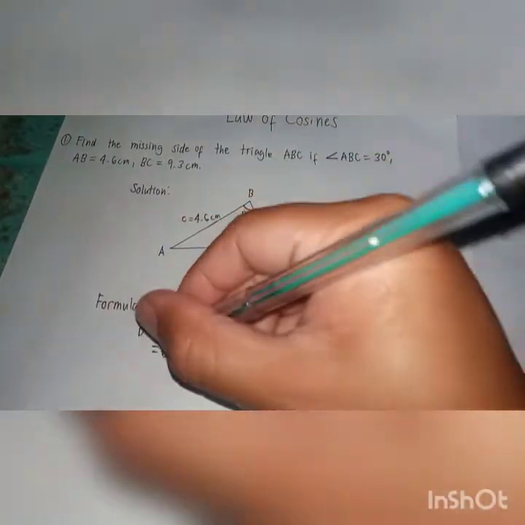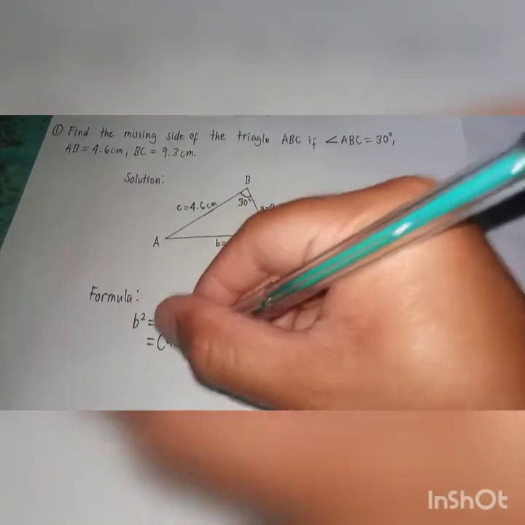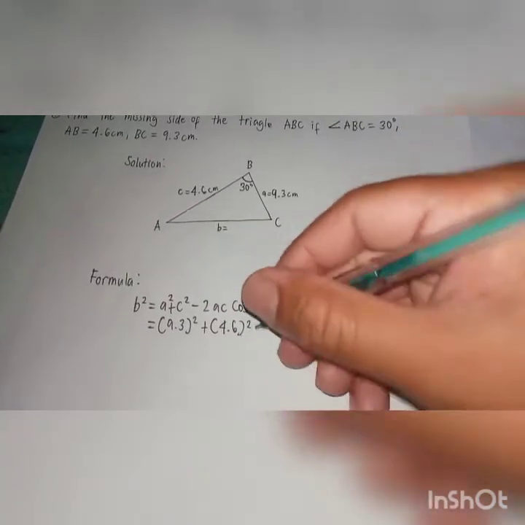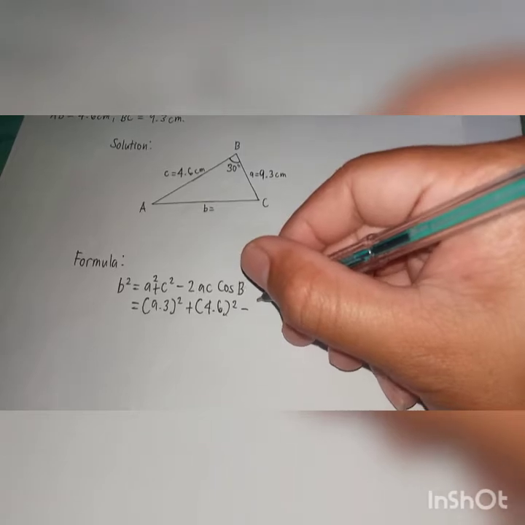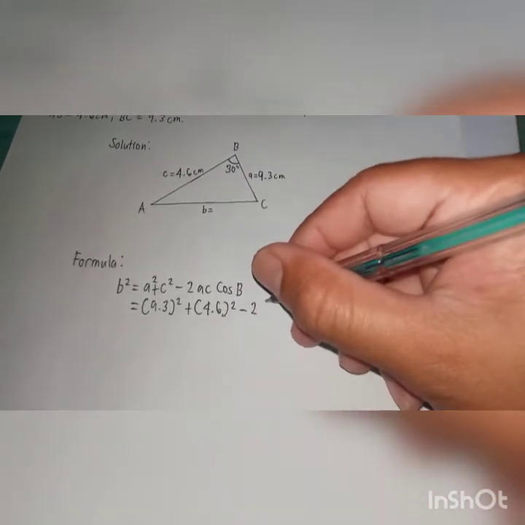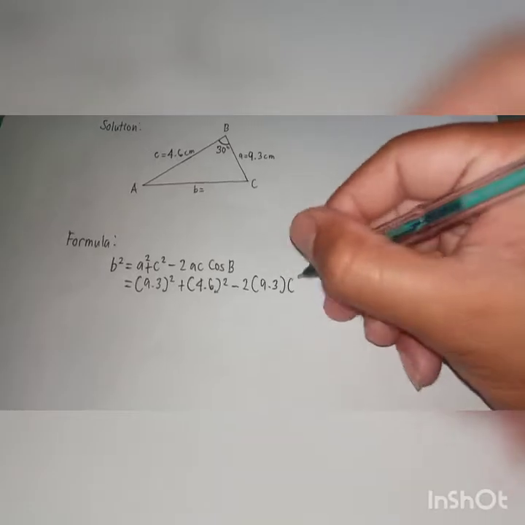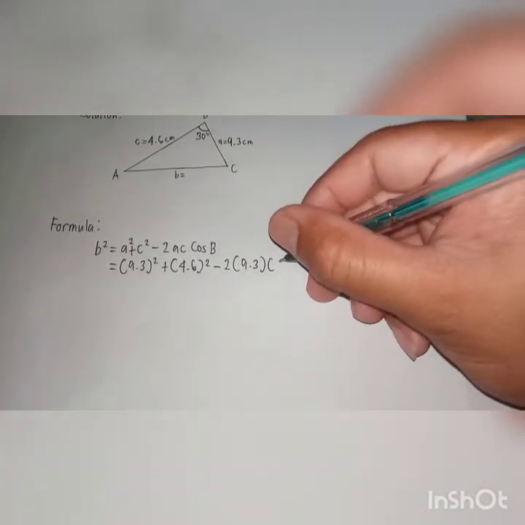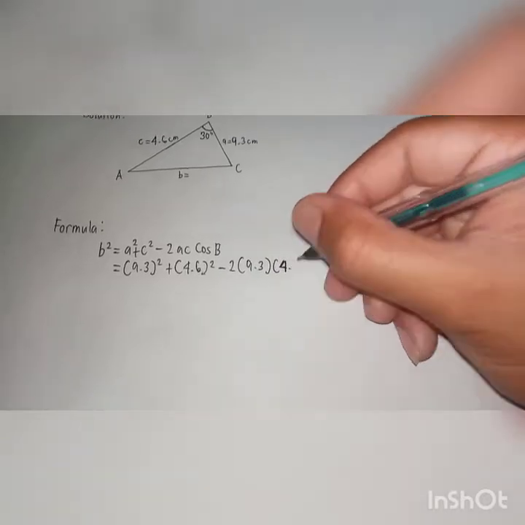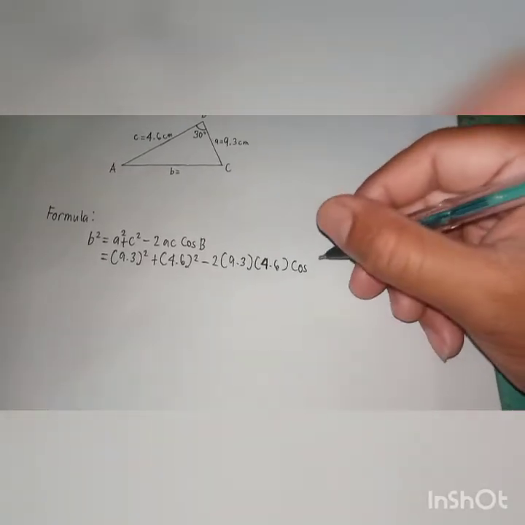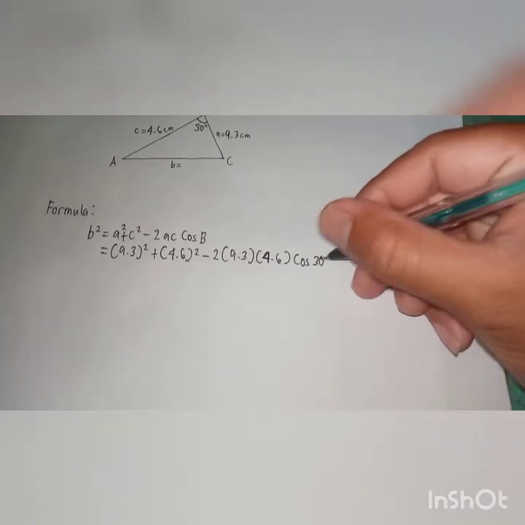The value of a, which is 9.3, squared, plus the value of c, which is 4.6, squared, minus 2 times the value of a, which is 9.3, times the value of c, 4.6, times the cos of 30 degrees.